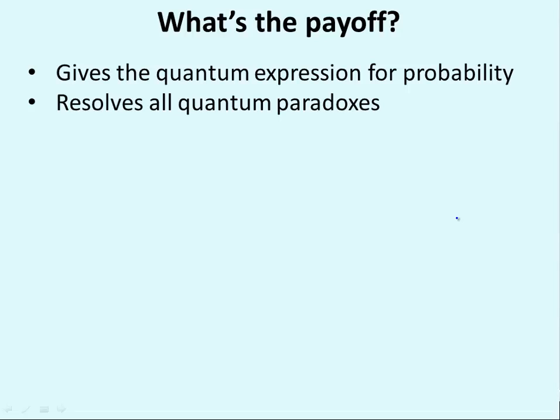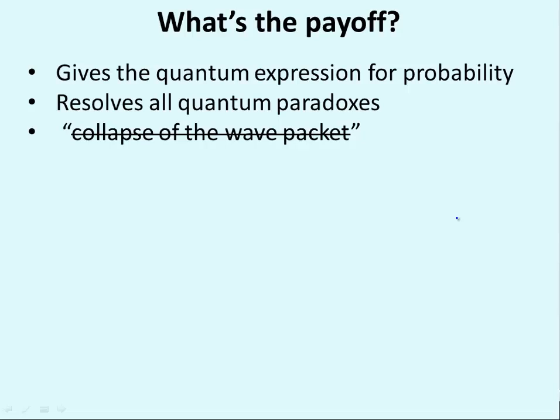So if it explains the mathematics, it fits the mathematics, then it's going to explain all the paradoxes that result from the mathematics. Okay. For instance, there's the collapse of the wave packet. People have talked about this ever since the beginning of quantum mechanics, that when you observe something in an experiment, then what seems to be a continuous wave, suddenly collapses into a single point.